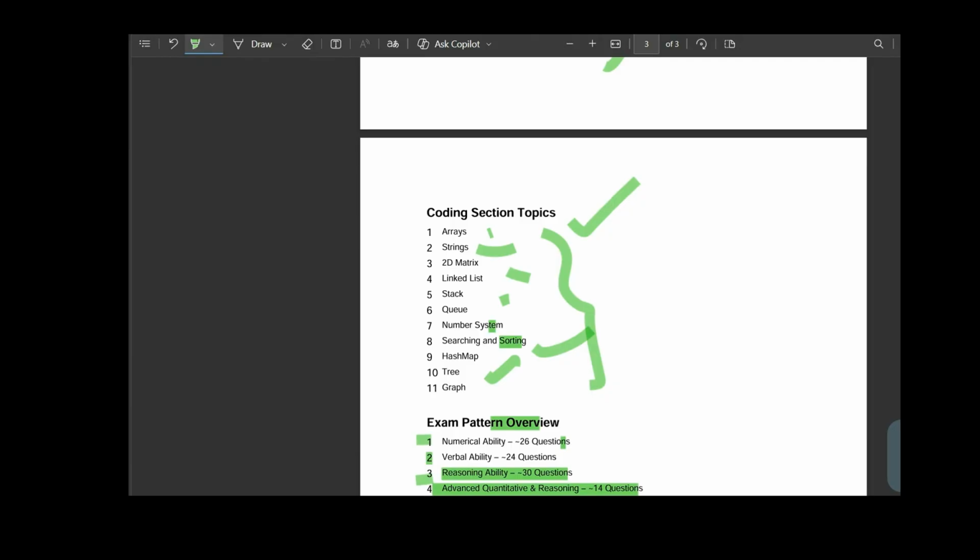If you prepare these topics properly and practice regularly, you can significantly increase your chances of clearing the TCS NQT exam. I hope this explanation helps you understand the complete syllabus and exam pattern of TCS NQT.